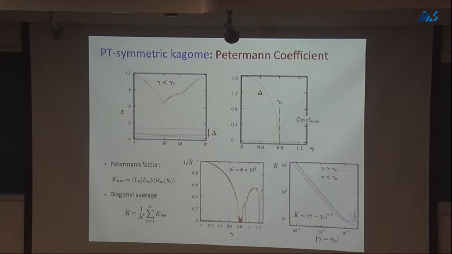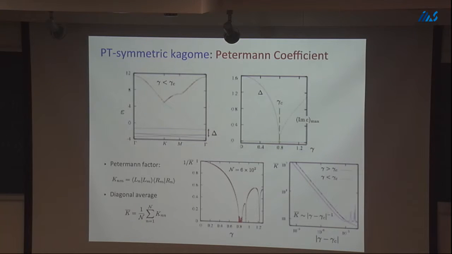And then there is a certain scaling. If you look at this k bar, the Petermann coefficient, as a function of gamma minus gamma c, there is an exponent of about -1 as the transition takes place. So there's a way of characterizing orthogonality and how this transition behaves in the vicinity of that exceptional point.